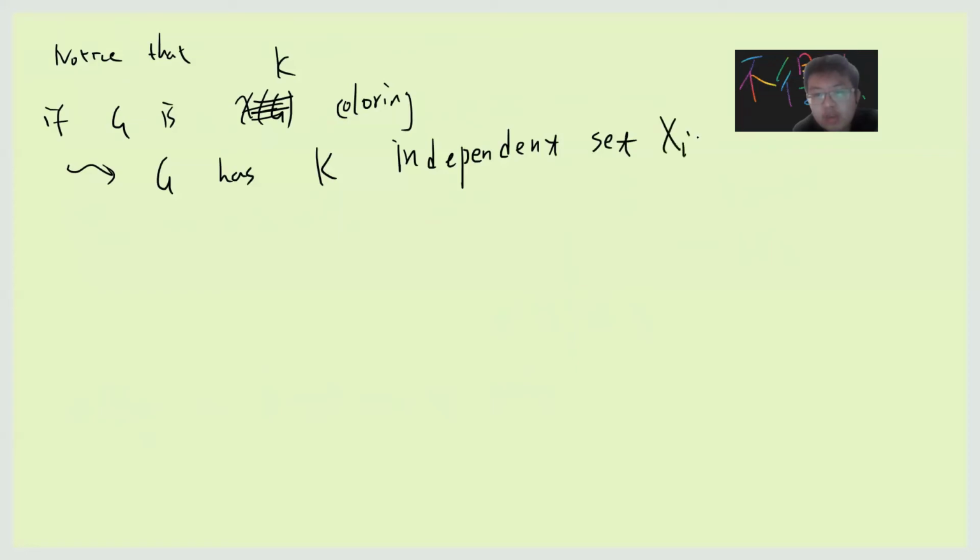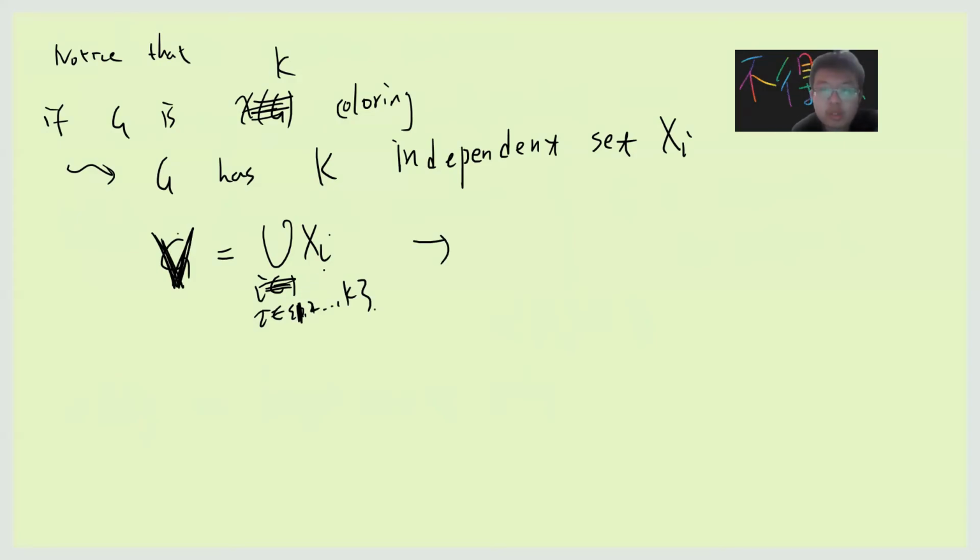Let's label these sets Xi. So the vertex set V can be written as a union of Xi where i goes from 1 to K. And they are mutually exclusive, so each vertex can only belong to one independent set.